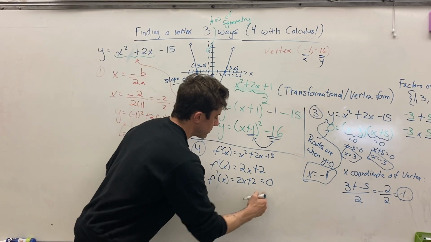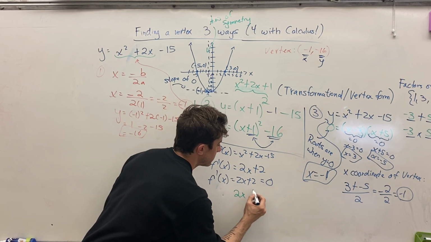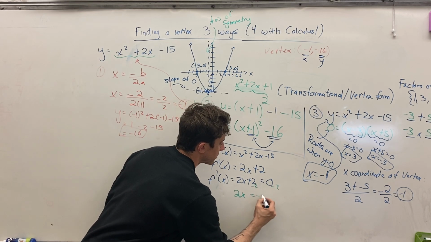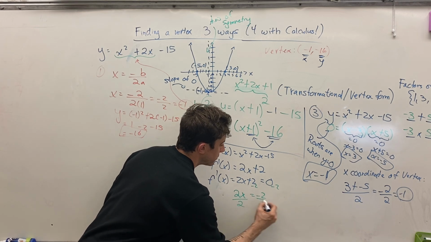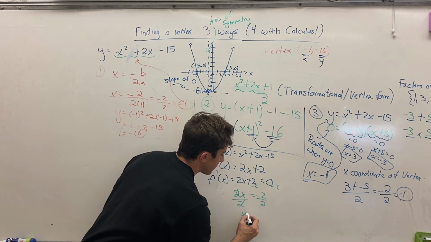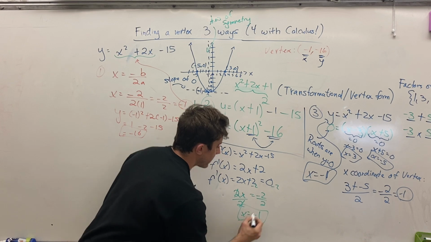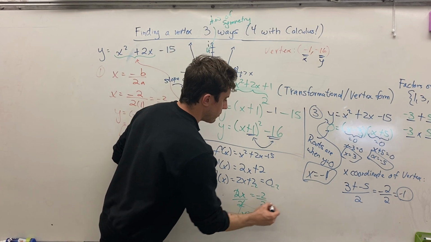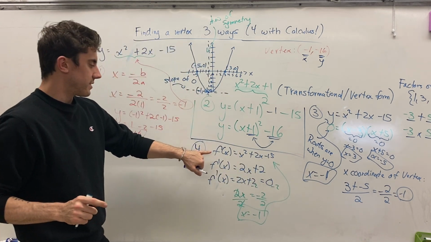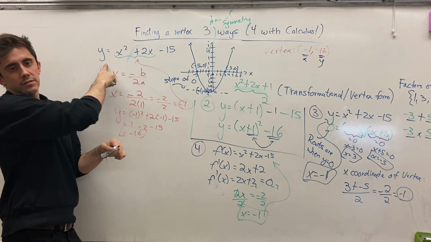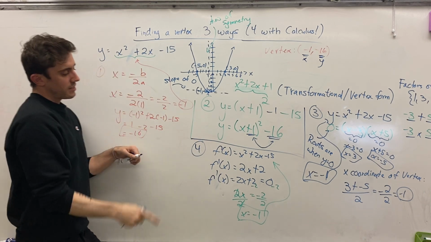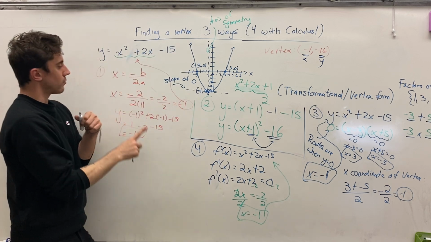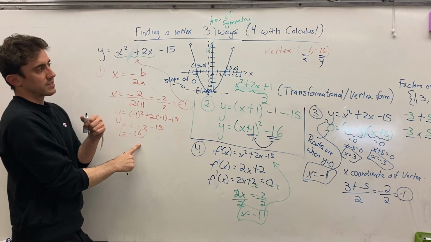If 2x plus 2 is equal to 0, we have 2x is equal to negative 2, and then dividing by 2 on both sides leaves us with the solution x is equal to negative 1, and of course we can plug that back in to find our y coordinate for our vertex. And so once again, we would get negative 1 and negative 16 for our vertex.